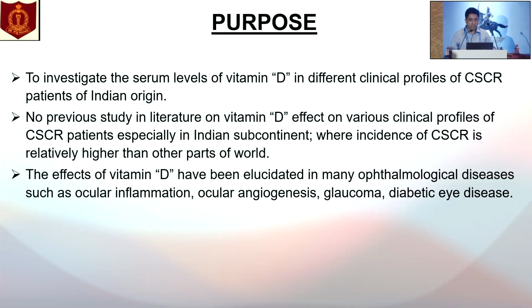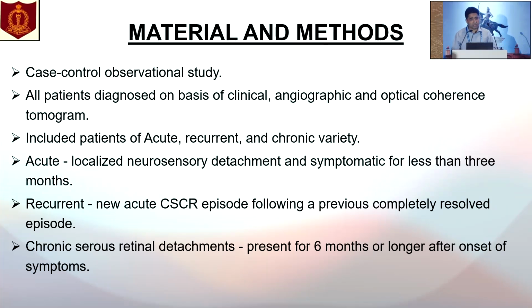The effect of vitamin D has been studied in many other ophthalmic diseases like ocular inflammation, angiogenesis, glaucoma, and diabetic eye disease. Now coming to material and method, this was a case control observational study. All patients were diagnosed on the basis of clinical examination, angiography, and optical coherence tomography. It included patients of acute, recurrent, and chronic variety.